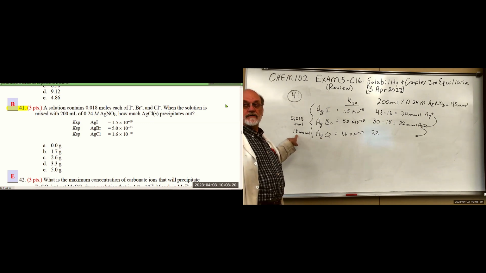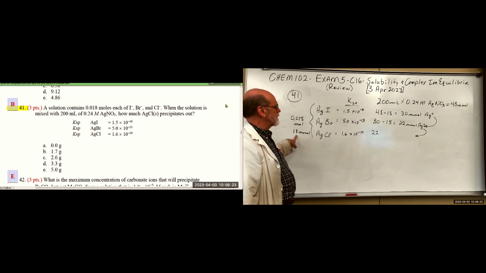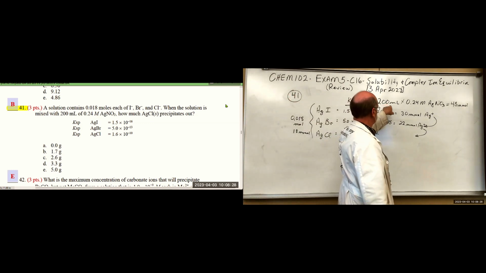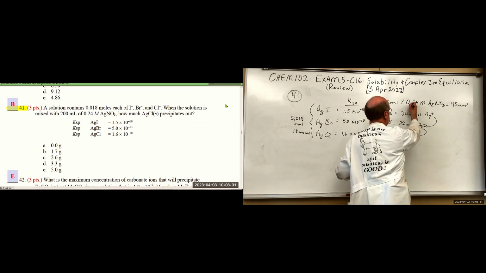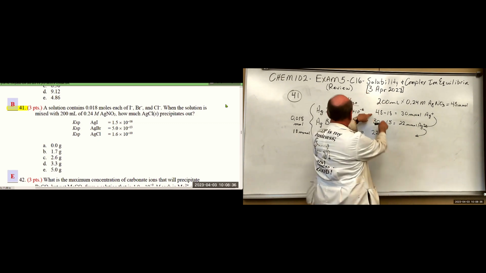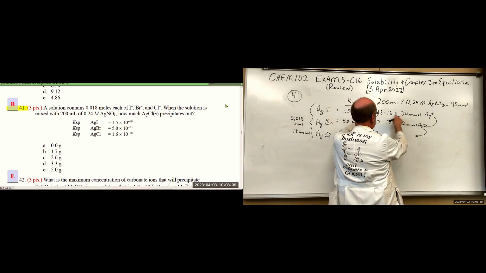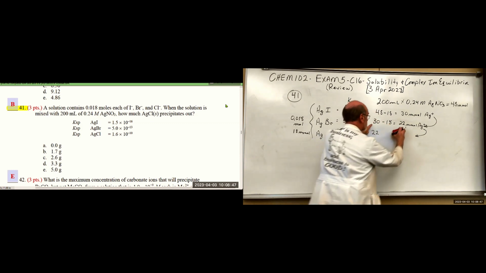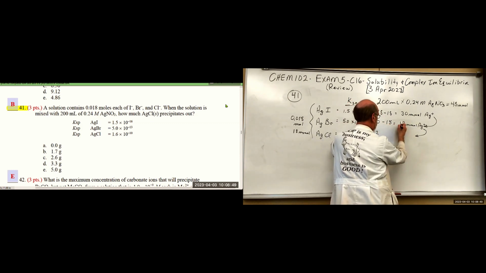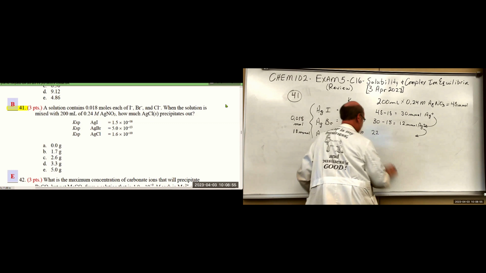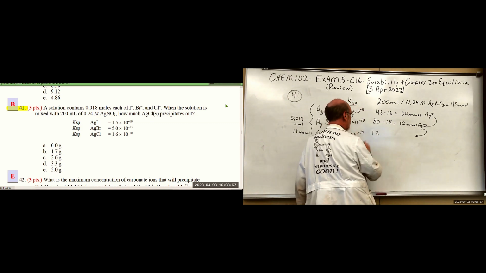Did I do the calculation right? 48 minus 18. That's 200 times 0.24, that's 48. So minus 18 of them are gone here. Correct. That's better. There we go.